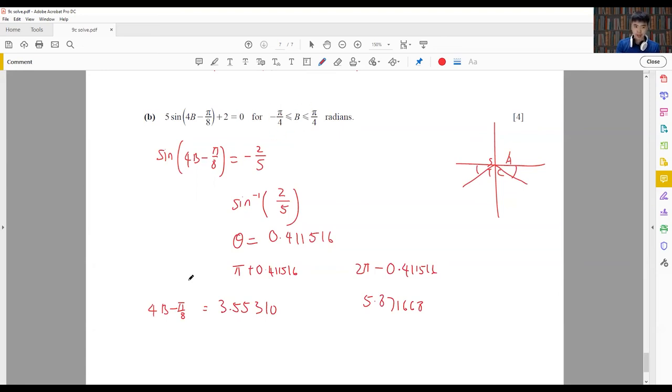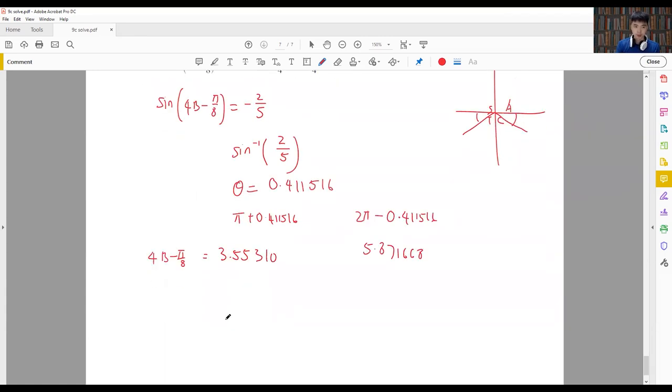So I'm going to minus both these answers by 2 pi. And from here, let's say from this value here first, because it's in my calculator, minus 2 pi, I would have gotten negative 0.4115.